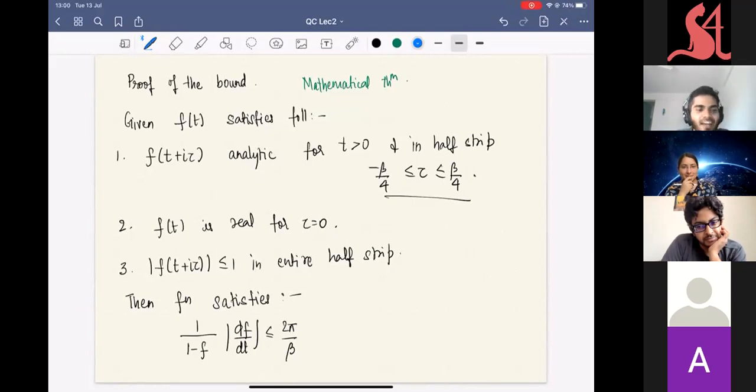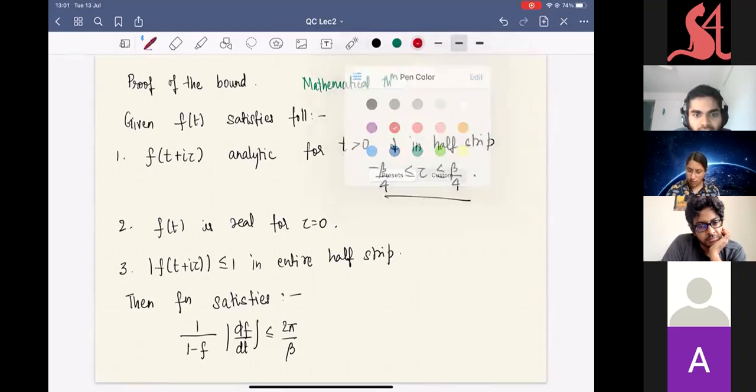You will do it. So I guess he's just asking, how do you know it's beta by 4 that is the maximal thing, right? The general function argument is saying there is some beta by 4 such that in the beta by 2 length strip around the real line the function is bounded. And from that, you immediately get 2 pi by beta, and that seems to be the maximal Lyapunov exponent. So he's asking, how do I know the correlator isn't something else?